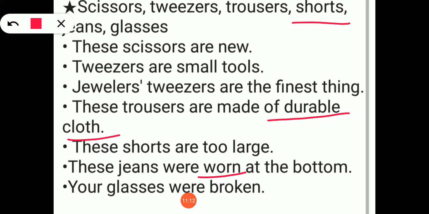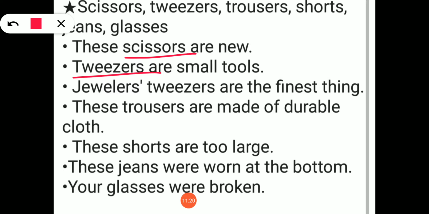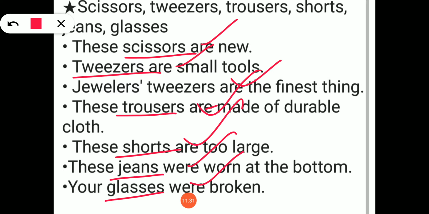Your glasses were broken. So after these words, scissors, tweezers, trousers, shorts, jeans, glasses, we have used the plural verbs are, were. Okay, so all this should be followed by a plural verb.